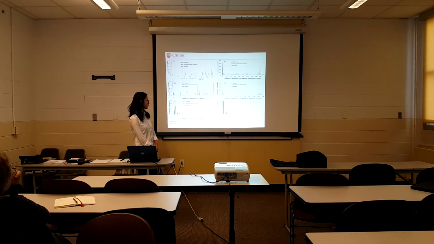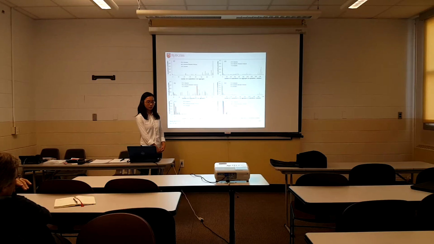So here shows the size distribution for both archipelago and small asphaltenes in this system. The left three is the size distribution of archipelago asphaltenes in the order of with no resin, with 5% resin, with 20% resin.